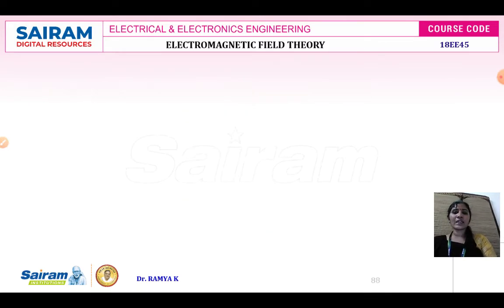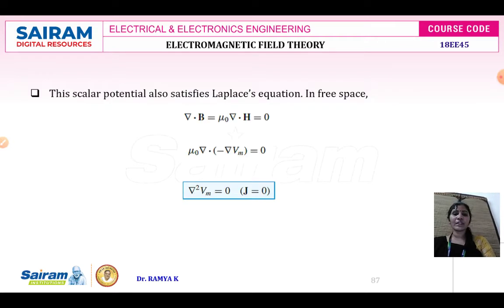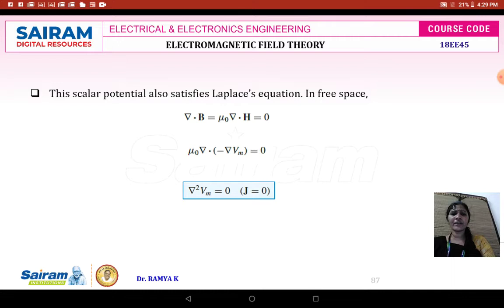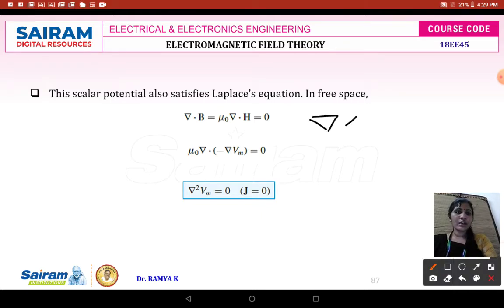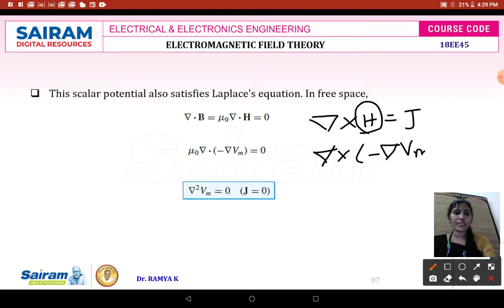So the scalar potential can be written as: divergence dot B is equal to mu times divergence dot H. Here I can write curl H is equal to J. By analogy, I am going to use H as negative gradient of the magnetic scalar potential, so curl of that is equal to J. Curl of the gradient of any scalar is equal to 0. So J will be equal to 0.